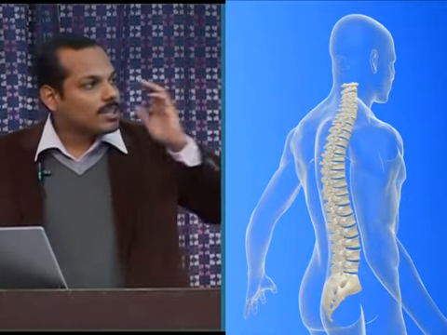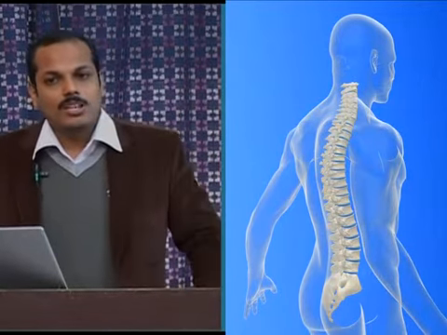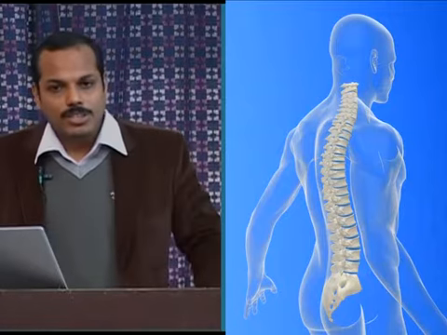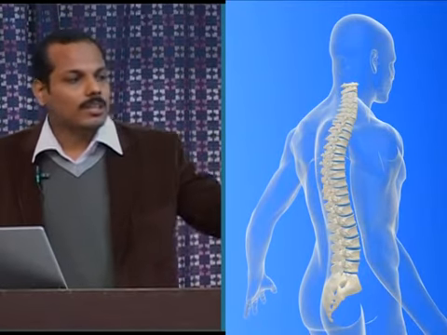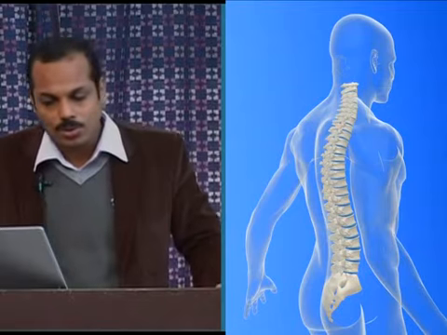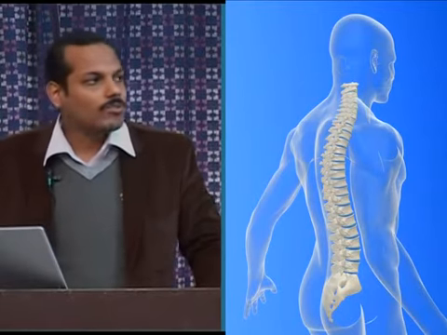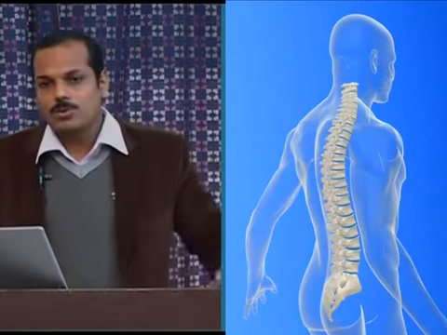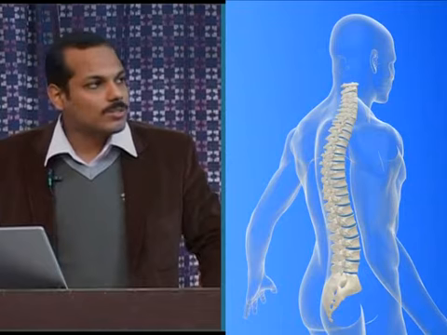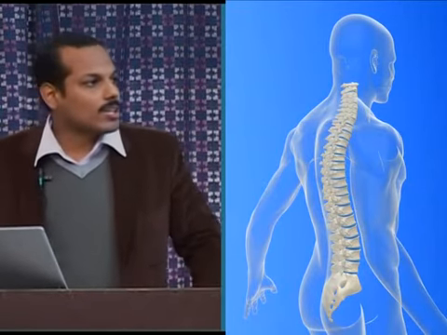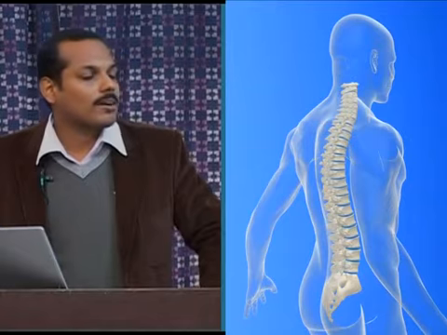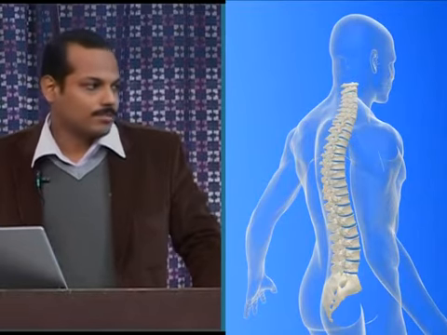If the curvature is convex posteriorly, it is known as a kyphotic curve. If there is anterior convexity, that type of curvature is known as a lordotic curve. Now we have a cervical lordotic curvature, then a thoracic kyphotic curvature, and a lumbar lordotic curvature.